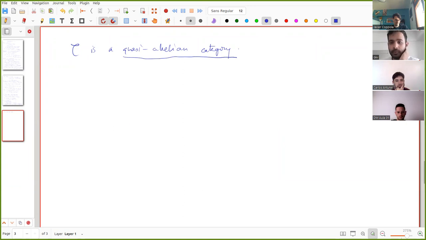And what is a quasi-abelian category? If you take the co-kernel of any morphism, then if you take the pullback of a co-kernel, then first of all, it exists. And furthermore, it remains a co-kernel. So co-kernels are stable under pullbacks.